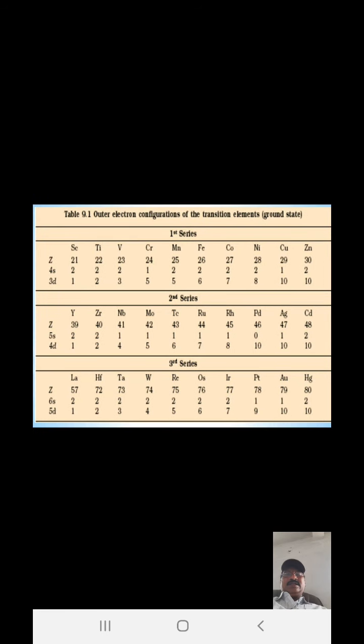The number of electrons in 3d orbital will gradually increase up to zinc. At the same time, here I am showing second series and third series also, but you carefully observe the first series, that is the 3d series.